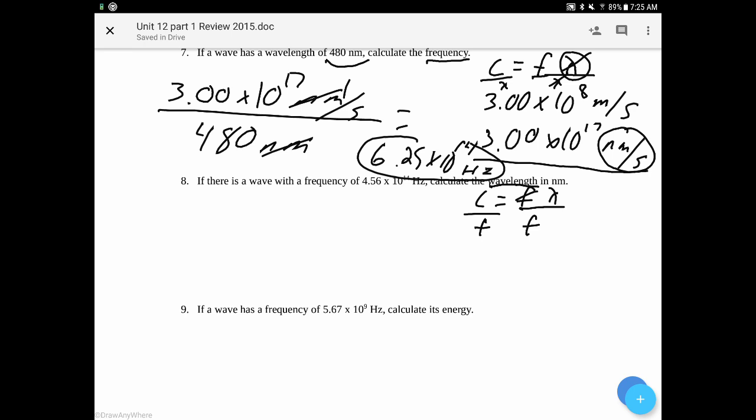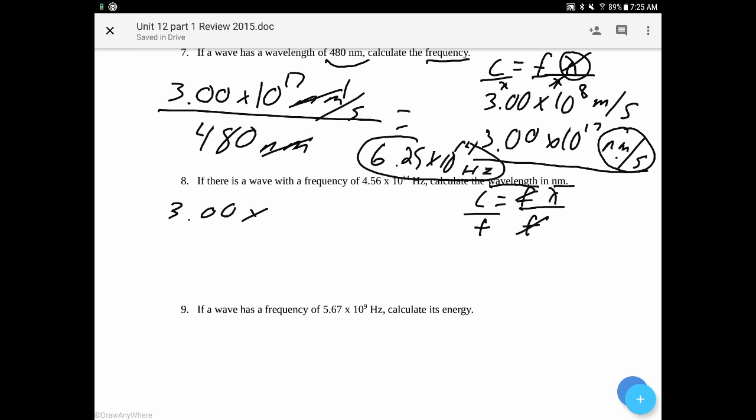F cancels out, and we're left with c over f equals lambda. We use the speed of light 3.00 times 10 to the 17th because we want our wavelength in nanometers.